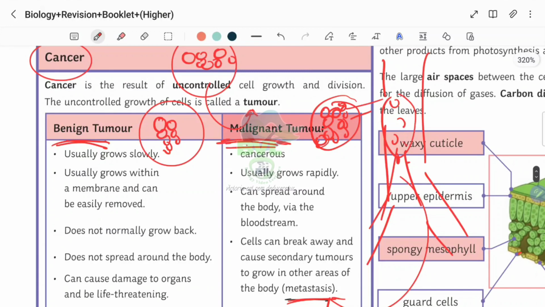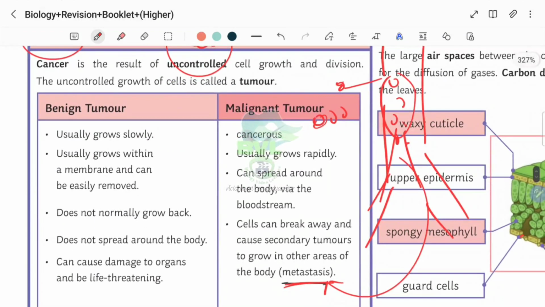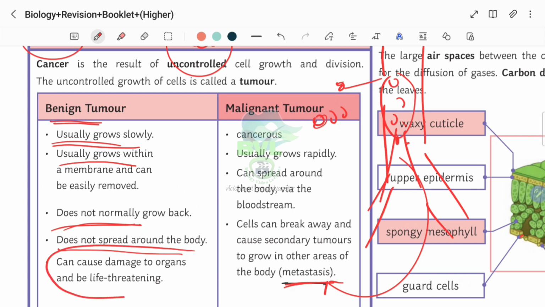All right. Now there's quite a difference in the way they manifest. For example, the benign tumor is usually very slow. It's within a membrane, like I said, and usually when you take them out surgically, they don't grow back. Now, generally, they don't spread around the body, and they are less life-threatening. However, if they are found in a particular organ, if you take them out on time, they won't affect you so much.